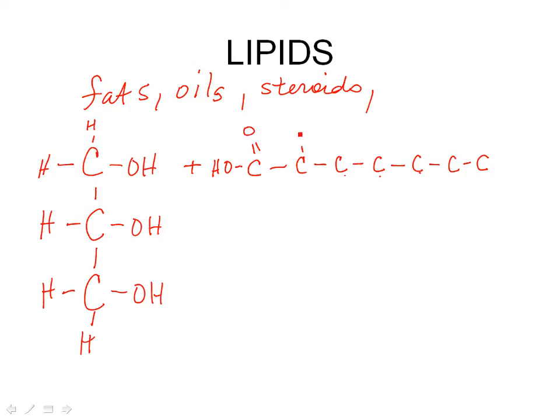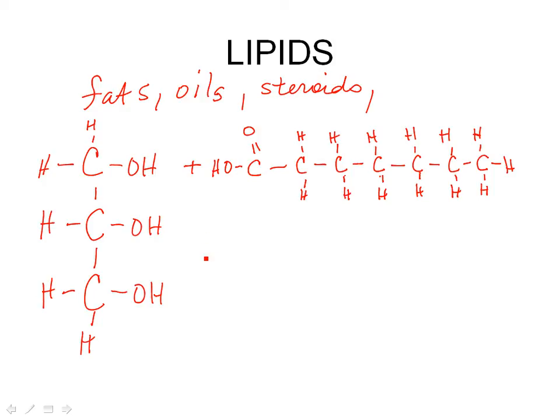You can tell I don't have very much room. I'm going to run out of room. And so it's saturated in hydrogens. So this is a fatty acid, but it is a saturated fatty acid because it is saturated in hydrogens.